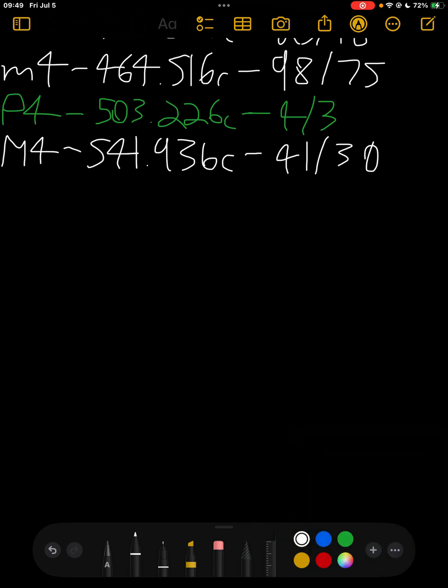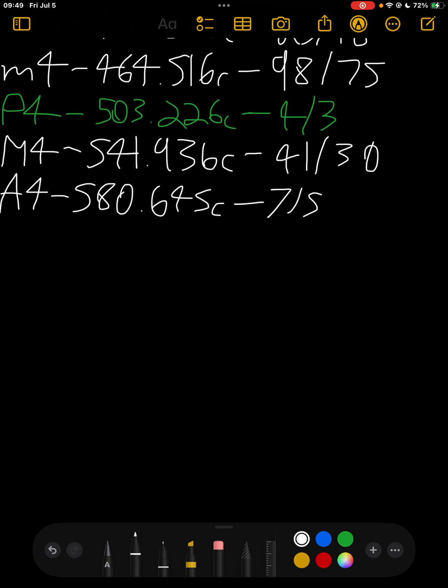So, next up, it's going to be the augmented fourth at 580.645 cents. It's a pretty nice 7 to 5 ratio.